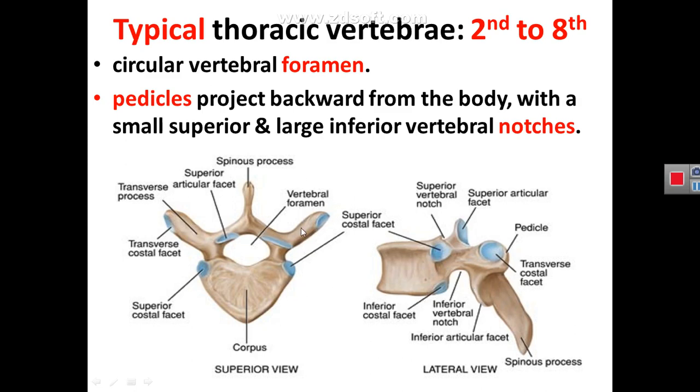The transverse process of the typical thoracic vertebrae also projects from the junction of the pedicle and lamina. This is the pedicle and this is the lamina, and you can see here the projection of the transverse process and the projection of the superior articular process. The transverse process of a typical thoracic vertebra is long and directed backward and laterally. The anterior aspect of its tip shows a facet for articulation with the tubercle of the rib.